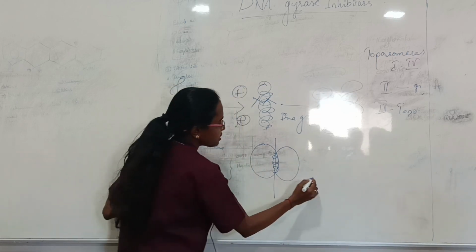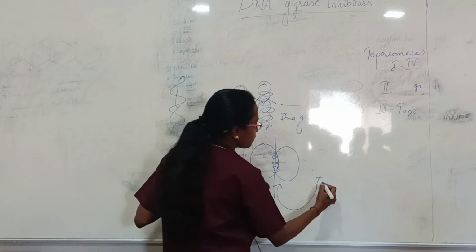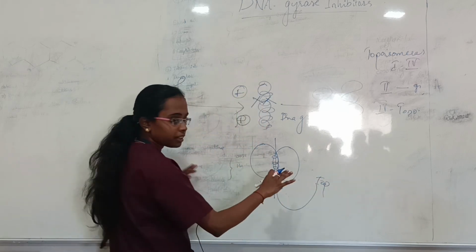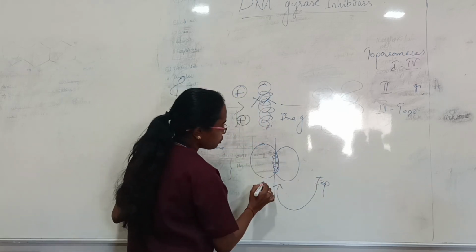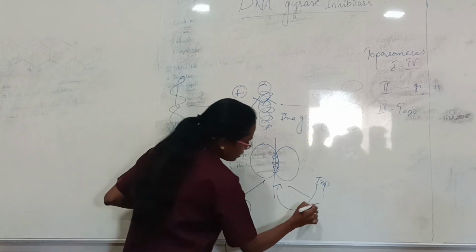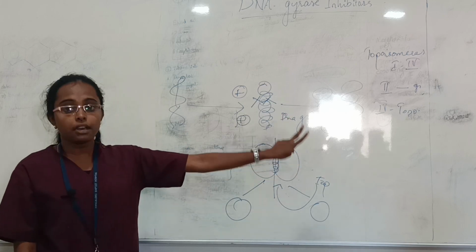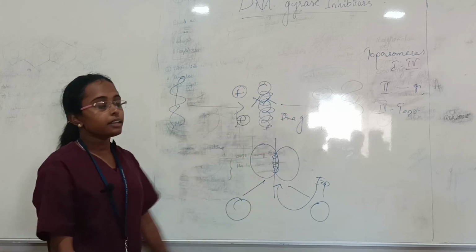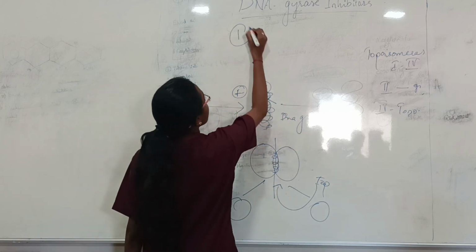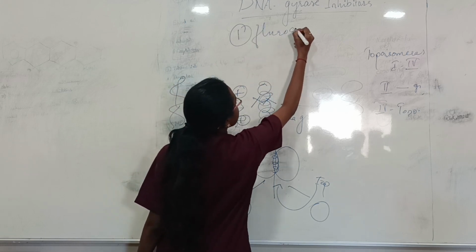So topoisomerase helps in the unwinding of these daughter DNAs, which will further undergo cell division and form other DNAs. So these are the two enzymes on which the quinolones mainly act. So DNA gyrase inhibitors are fluoroquinolones.